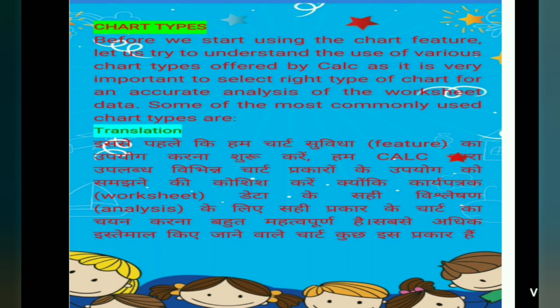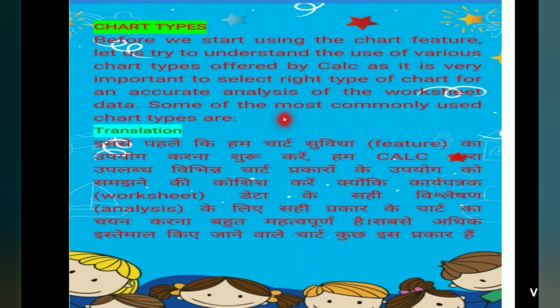It is very important to select the right type of chart for an accurate analysis of the worksheet data. Now we are going to start with these charts.